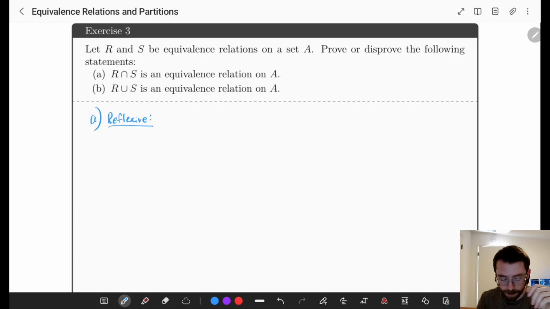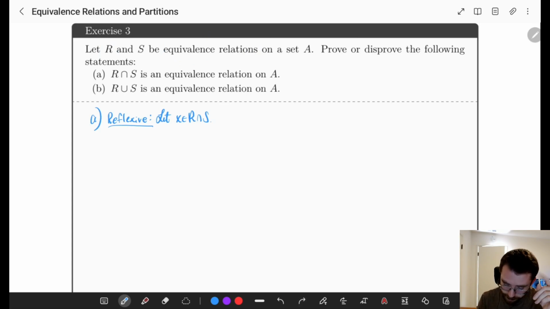Okay, so I want to pick some arbitrary element of this relation I'm considering and ask if x is related to itself by that relation. Well, I know that R is an equivalence relation.